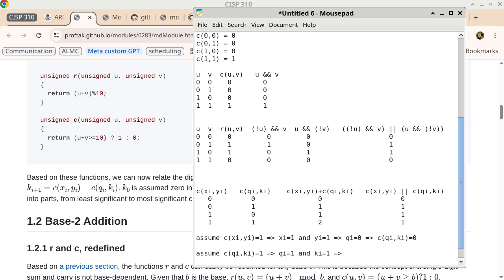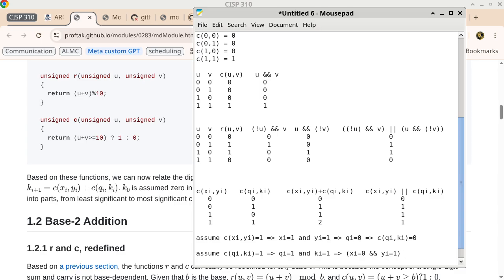So what do we know about Xi, Yi? Well, Xi can be a 0, but if that is the case, Yi would have to be a 1. This is one case. What about the other case?